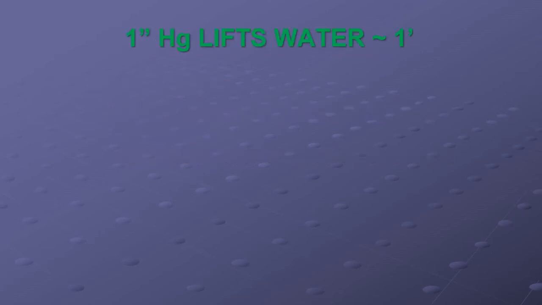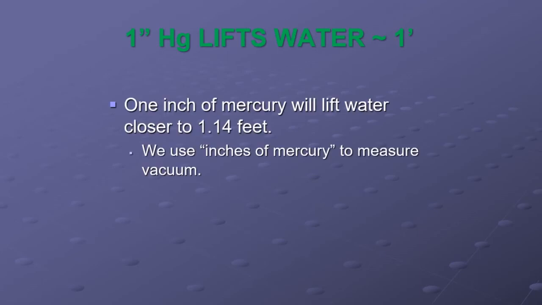Okay, now we're just restating what we've done already, using a little different terminology, because this is common terminology that's thrown out in this pump theory type of piece. Hg is mercury. So 1 inch of mercury lifts water 1 foot. Inches of mercury is a measure of vacuum.